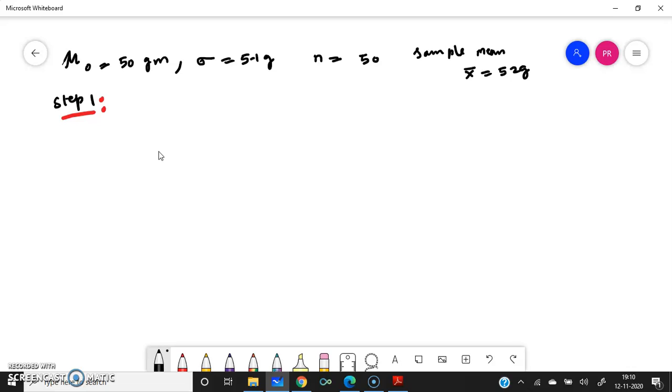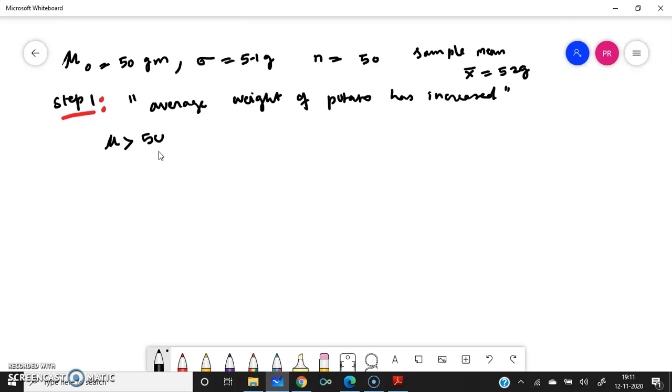In order to set the null and alternative hypotheses, we will first write down our claim. Our claim is: average weight of potato has increased, that is, mu is greater than 50.